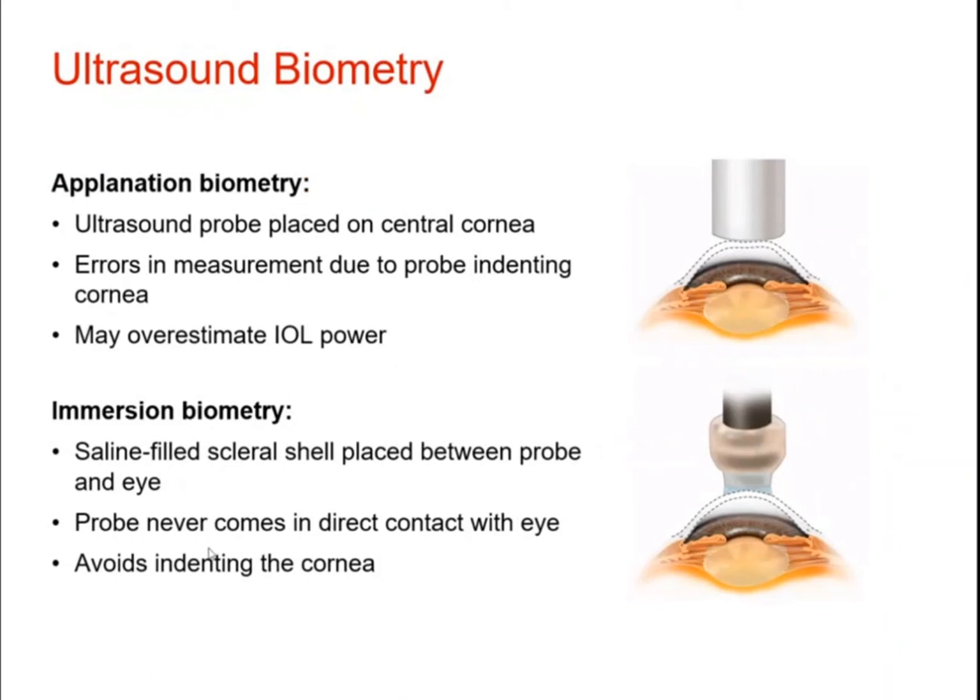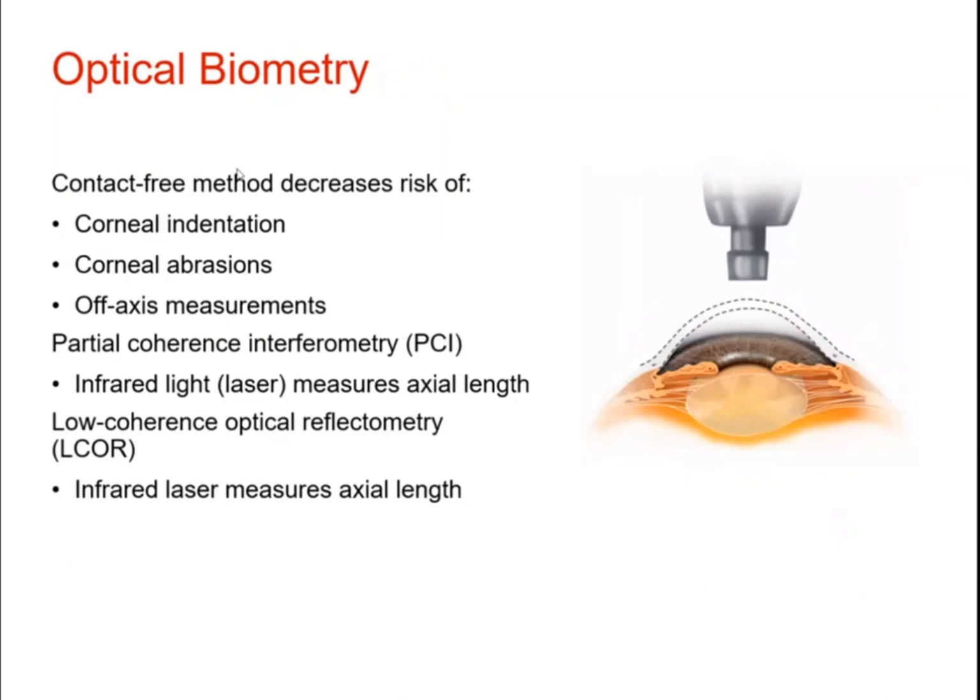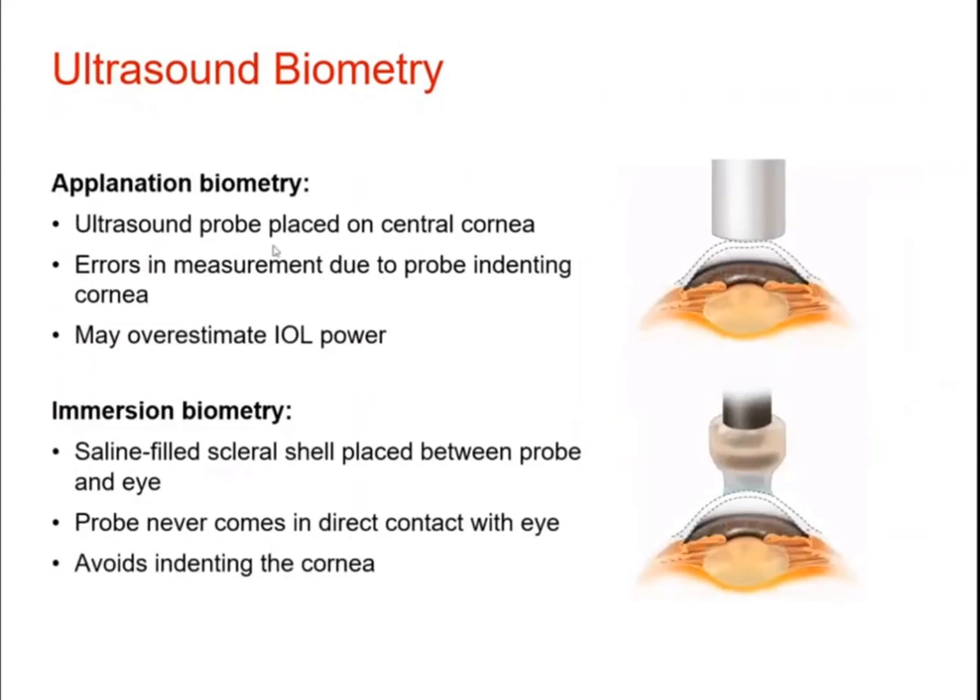So if you notice our lens constants that we are using for immersion and optical biometry, we are using the same lens constants, but for ultrasound applanation biometry, we are using a different lens constant. If you notice, the lens constant on applanation is lower because it needs to compensate for the shorter eyeball length that is being measured.